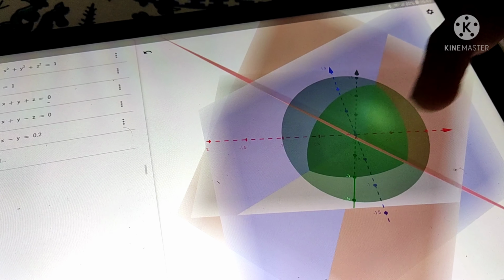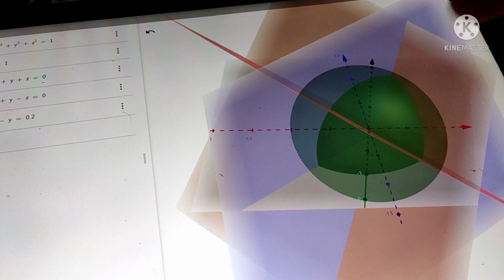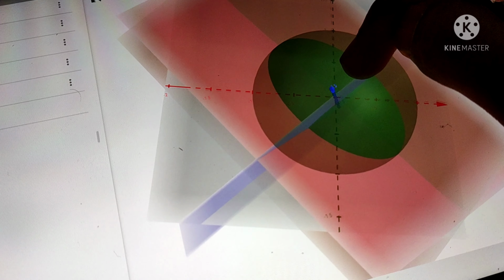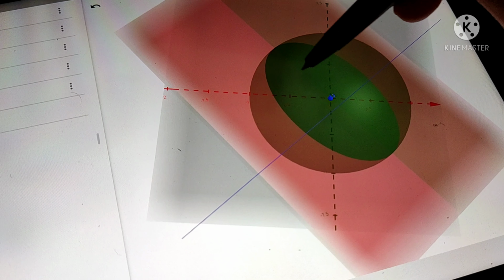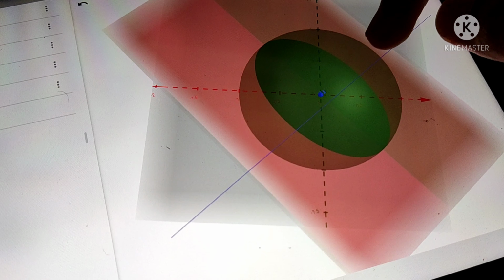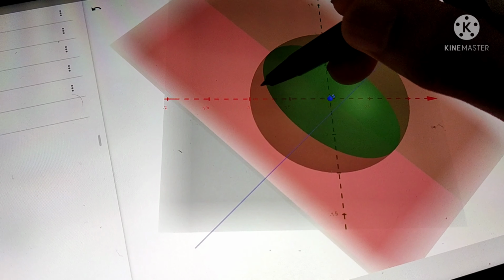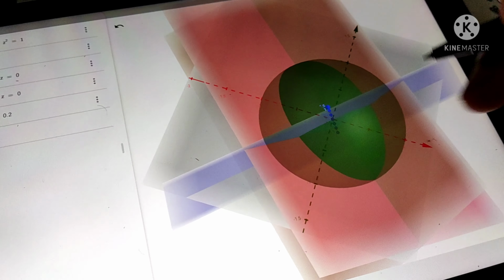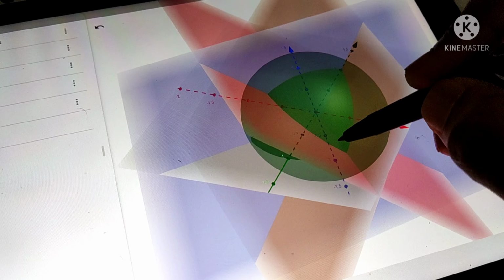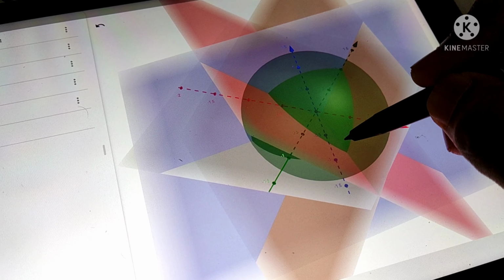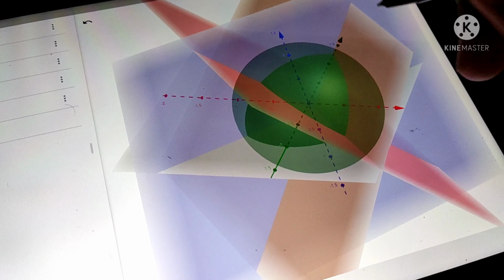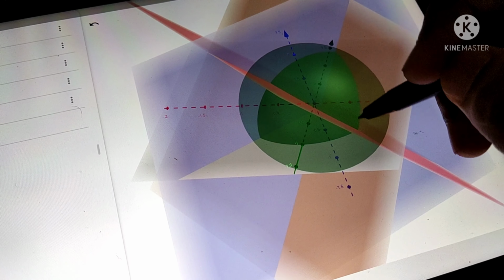And similarly, if we change the value of the constant, and thereby change the part where it intersects, we can have it here, or here, or here. It really doesn't matter, because as you bring it closer to this edge, this segment becomes smaller, and so does the overall circle that it intersects at.